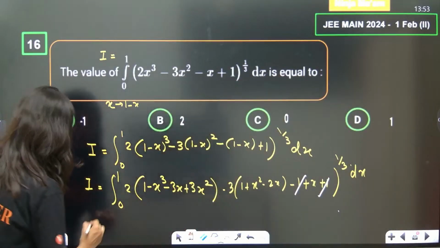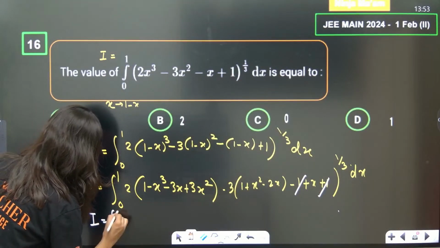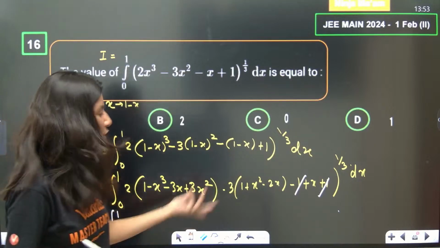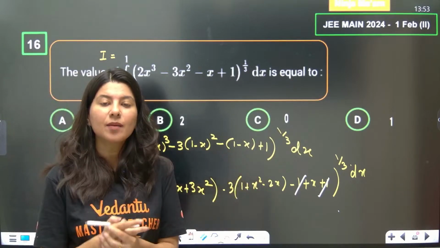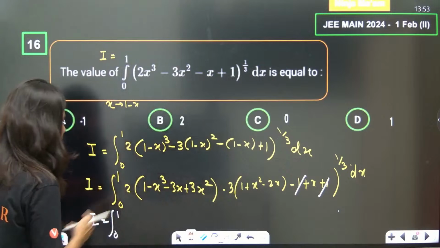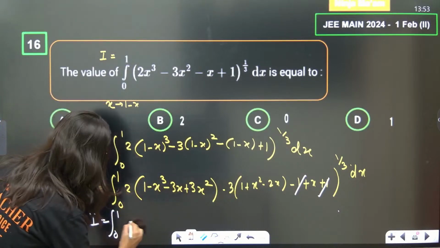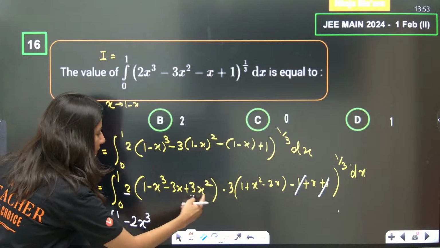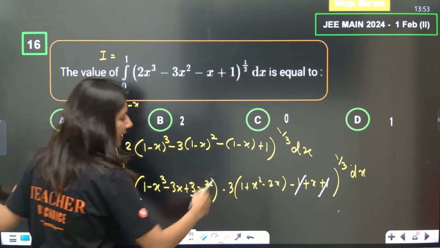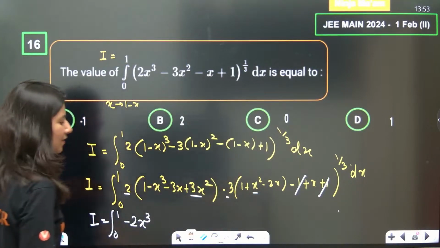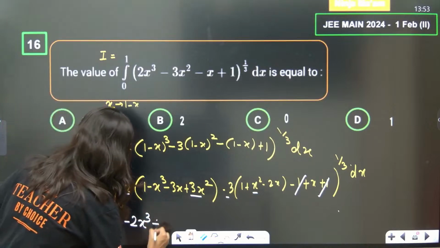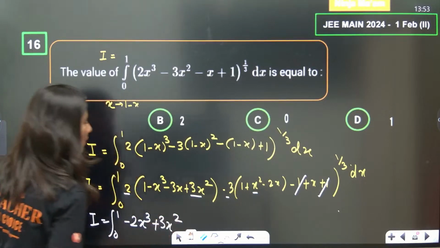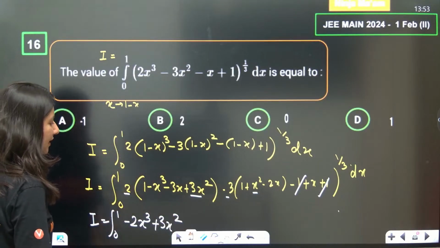So now our integration is equal to 0 to 1. Now, please do not randomly write it. Just collect the coefficient of x cube. So minus 2x cube. What about x square? 2 into 3, 6x square, 6 minus 3 is plus 3, so plus 3x square. Then, what about the term related to x?